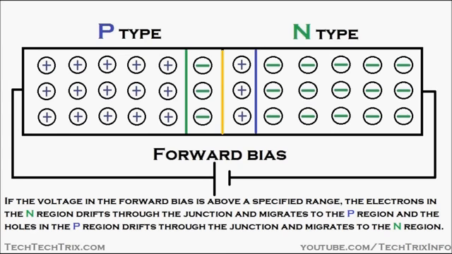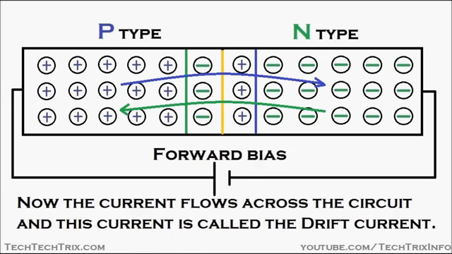You can see the electrons drifting through the junction towards the P region, and the holes drifting through the junction towards the N region. Now the current starts to flow across the circuit, and this current is called the drift current.